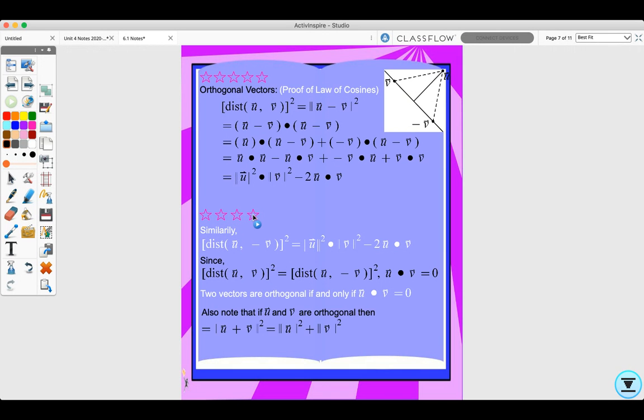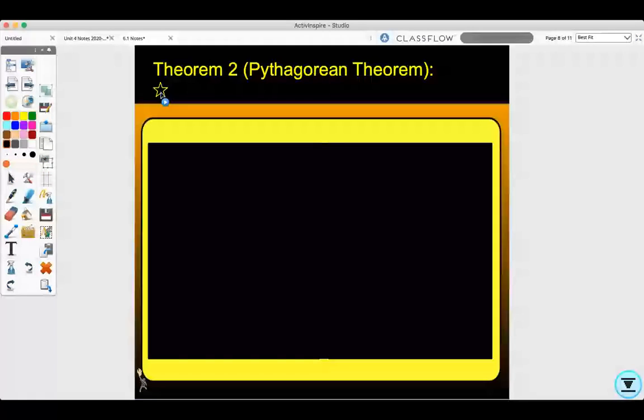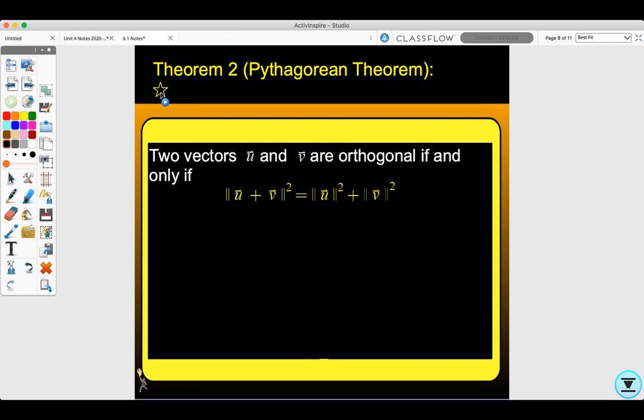Also note that if u and v are orthogonal, then the norm of u plus v squared equals the norm of u squared plus the norm of v squared. Theorem 2, the Pythagorean theorem. Two vectors u and v are orthogonal if and only if the norm of u plus v squared equals the norm of u squared plus the norm of v squared.